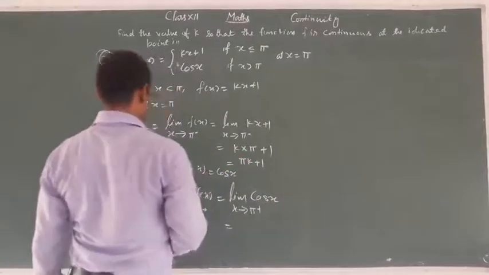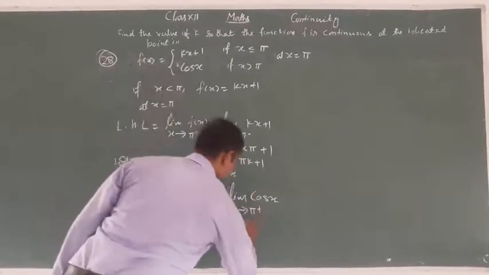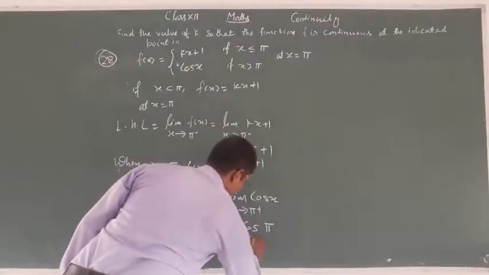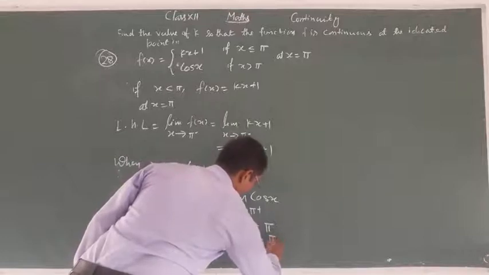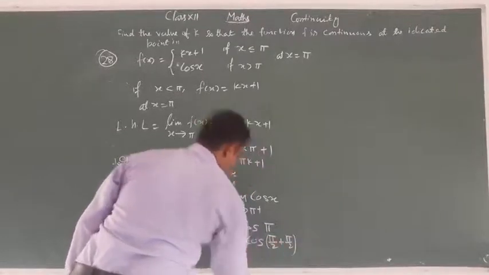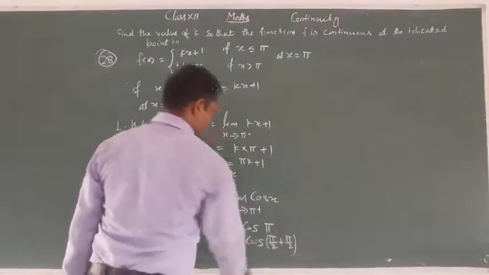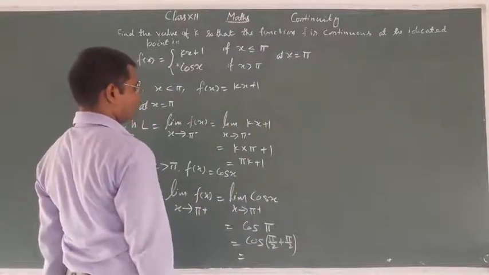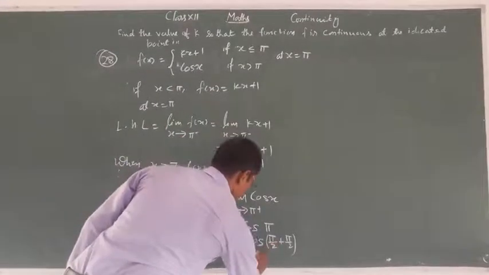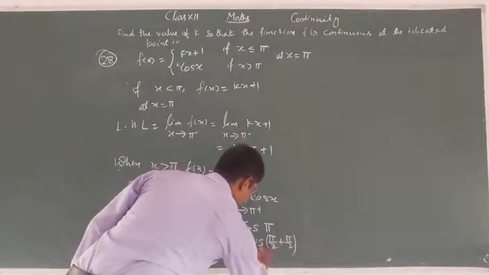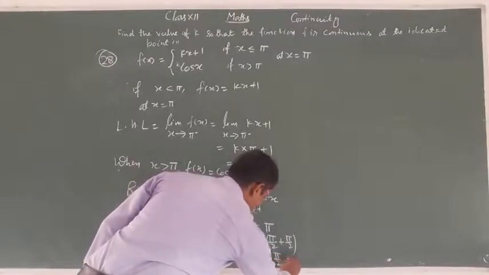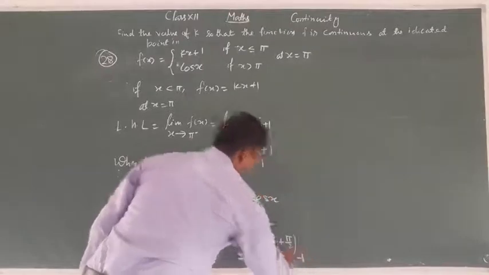Now x is equal to pi, put here cos pi. So cos of pi by 2 plus pi by 2, so minus sin pi by 2, so minus 1.